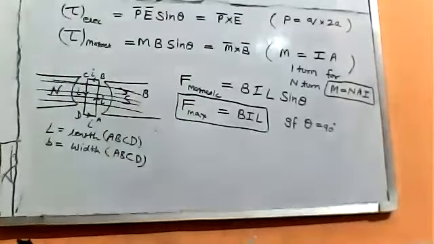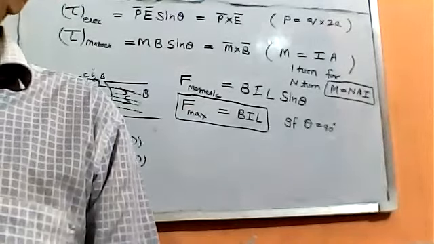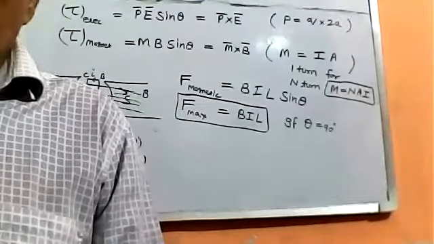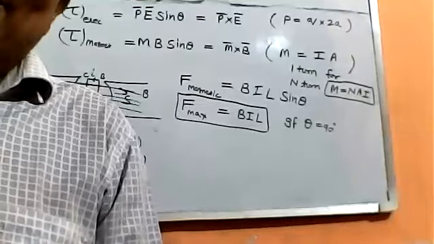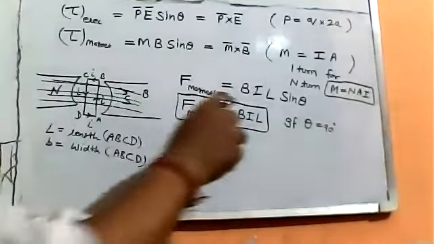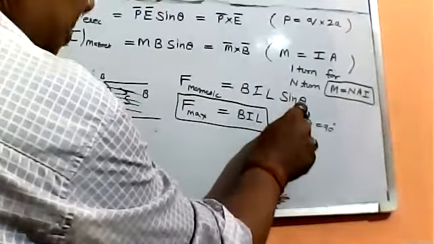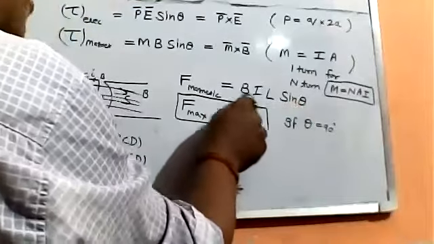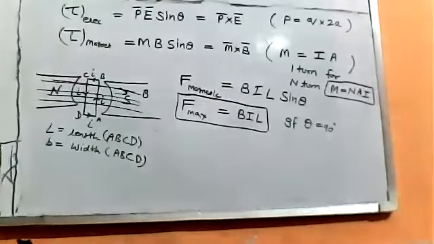In case of the parallel condition, angle theta will be 0. So when you put theta 0, sin 0 equals 0, and 0 multiplied with everything, the magnetic force will be 0.